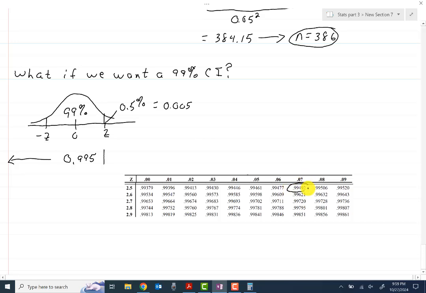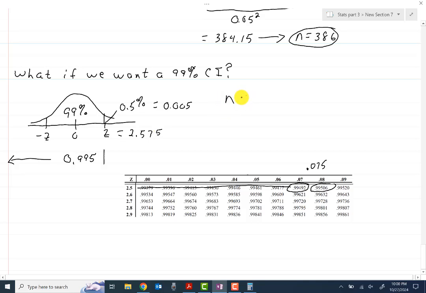Here's 99492, 99506. So it's between 0.07 and 0.08, so I'll do 0.075, and that's attached to 2.5. So z will equal 2.575.